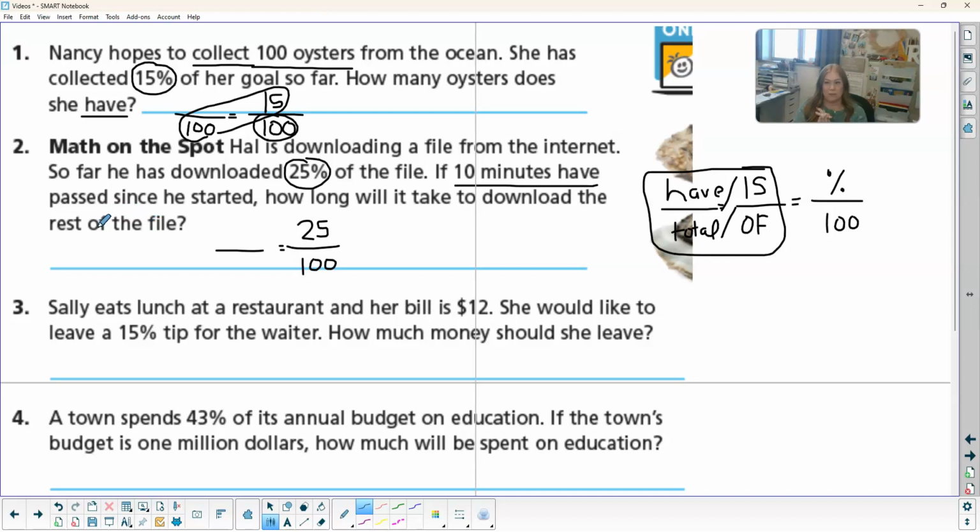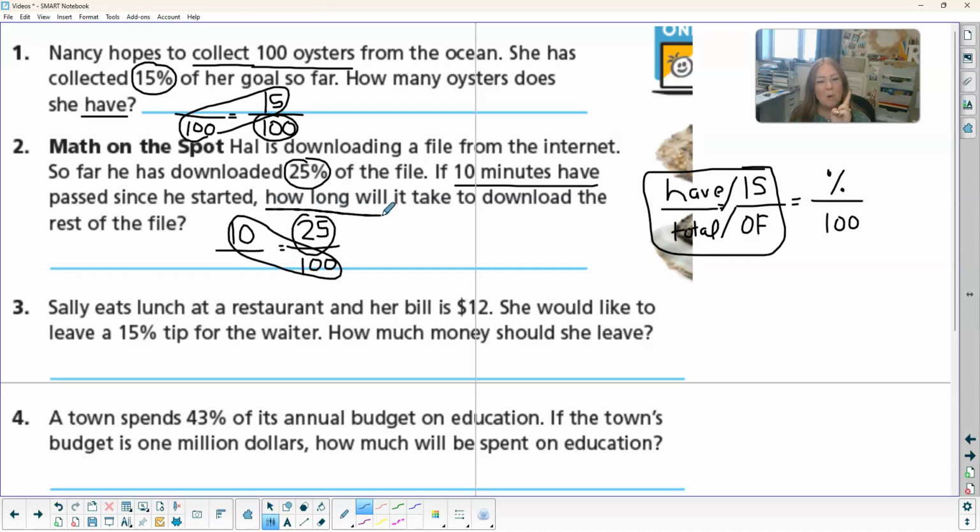So, this one, we got to do some thinking. So it's been 10 minutes. He has 10 minutes. So we're going to put 10 up here. But now we need to find this number here. So we're going to times and divide, but that is not the question it asks.